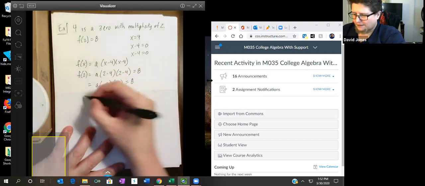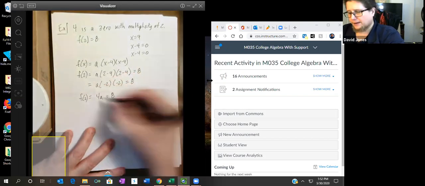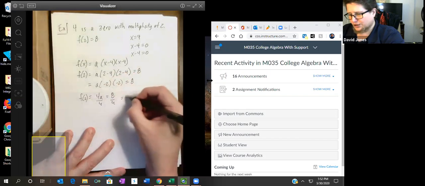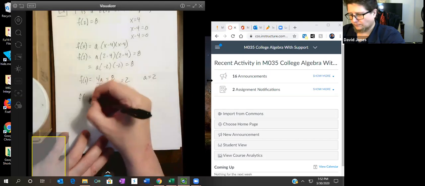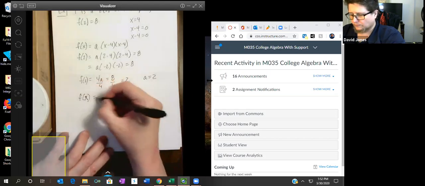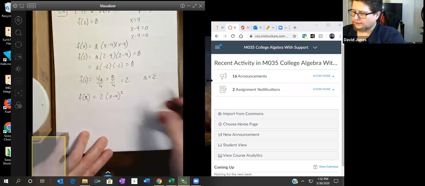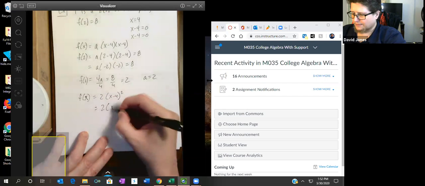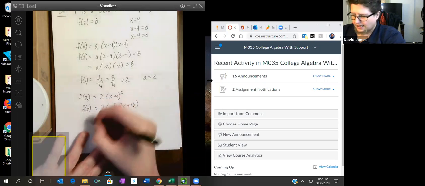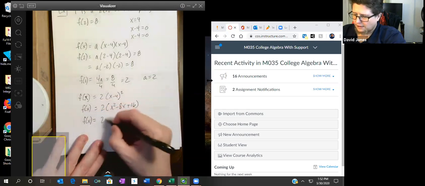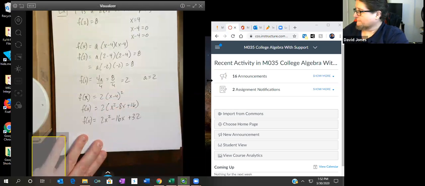And this tells me f of 2 equals 4a, which has to equal 8. We divide by 4 and we get 2 for a. And that's 2 times x squared minus 8x plus 16. And if you multiply it out, 2x squared minus 16x plus 32. And that's the answer.